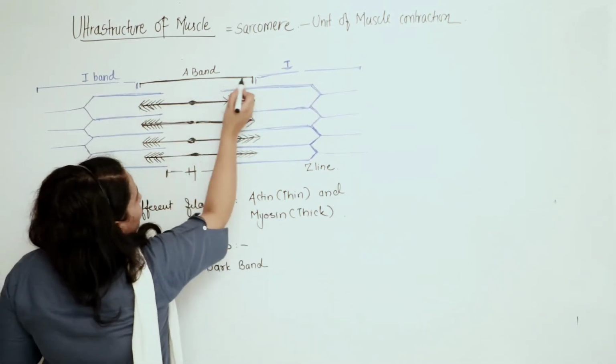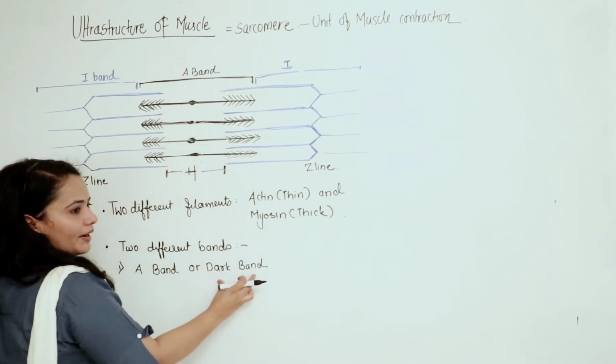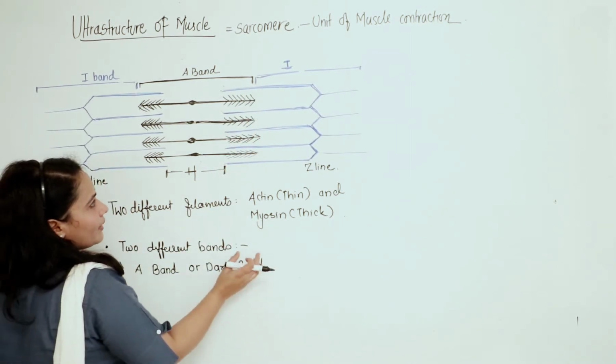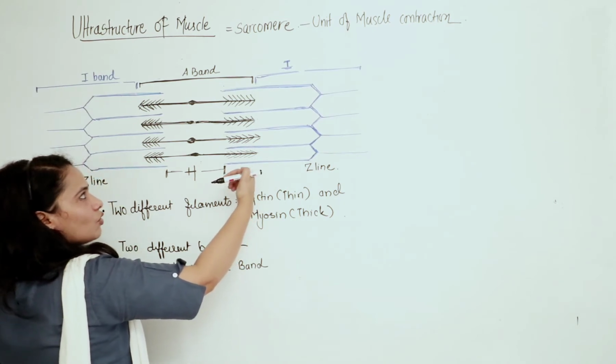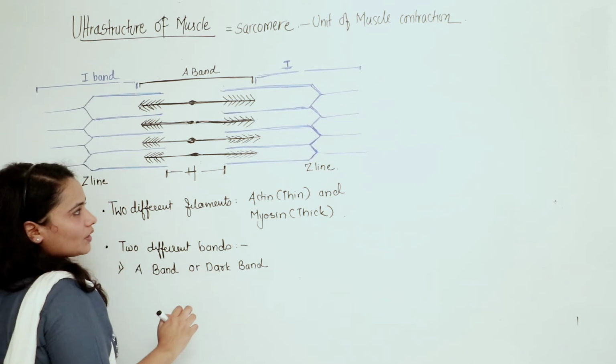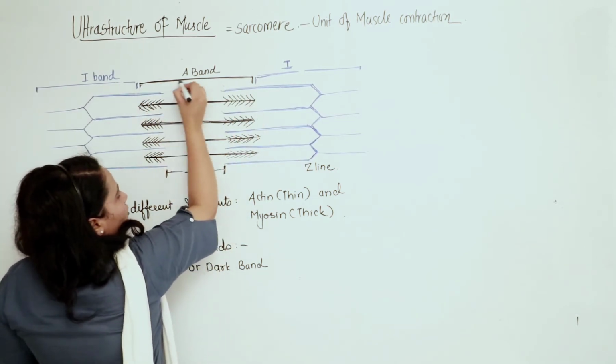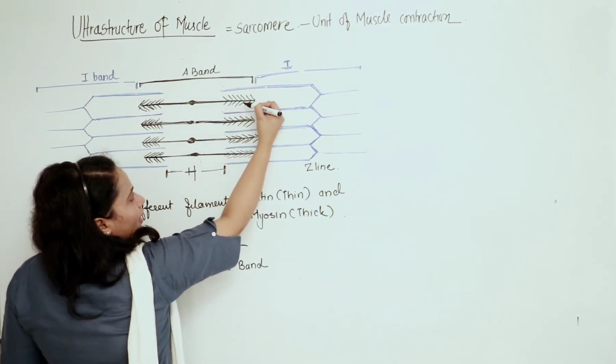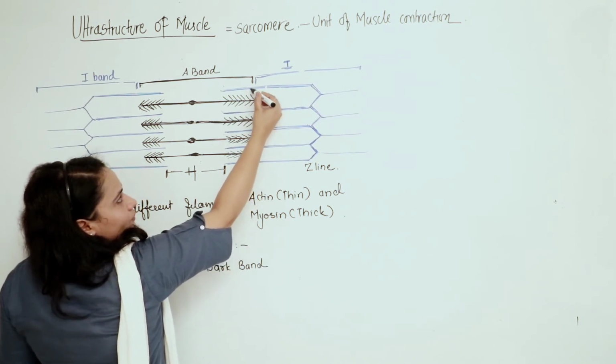Now this A band is called the dark band. Why is it called the dark band? Because when you see it under the microscope, you will find this band darker as compared to this. So it consists of this much area. It consists of both thin and thick filament.